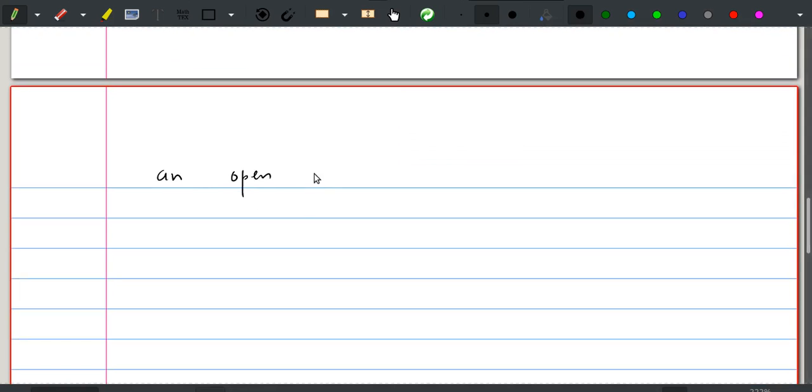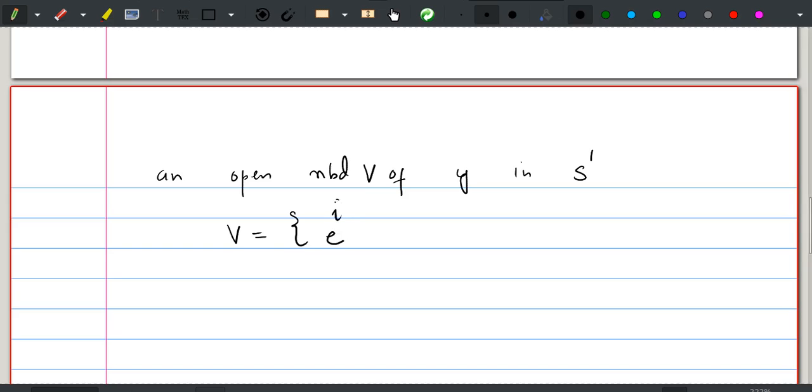Let us denote that neighborhood by V. So this V contains all those points e to the power ix such that x is in the interval alpha minus pi by 4 and alpha plus pi by 4.